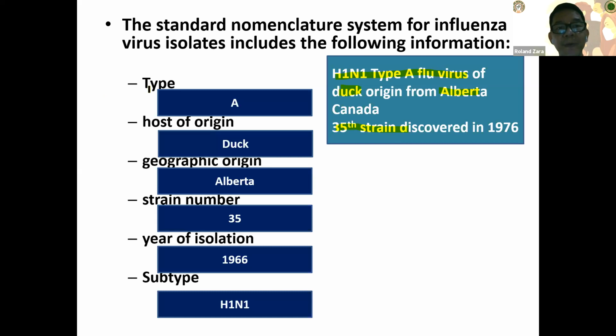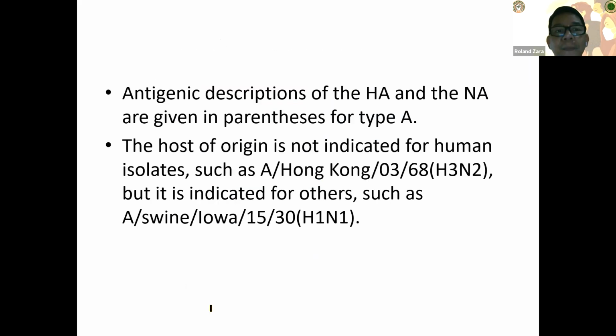Your influenza type is type A, where the host of origin is duck. Where did it isolate? In Alberta. This is the 35th strain, H1N1. When did they isolate? For example, 1976. And the subtype of influenza A is known as H1N1. So this led to the Spanish flu pandemic.